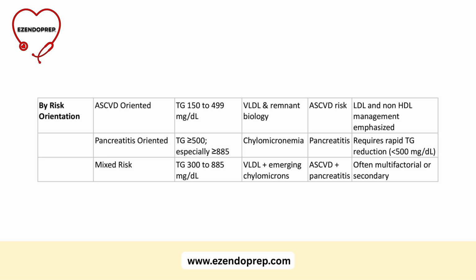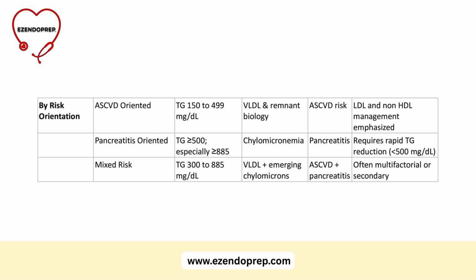Lens 4, classification by clinical risk orientation. There are only 2 possible clinical goals, and they divide the whole field: cardiac risk or pancreatitis risk. When we are thinking about cardiac risk, this includes triglycerides from 150 to 499 milligram per deciliter.